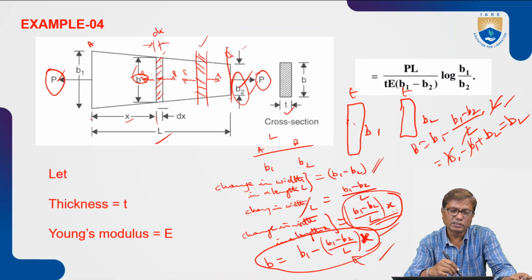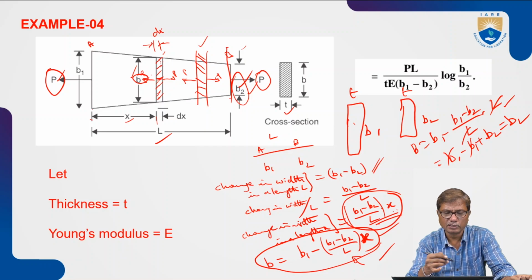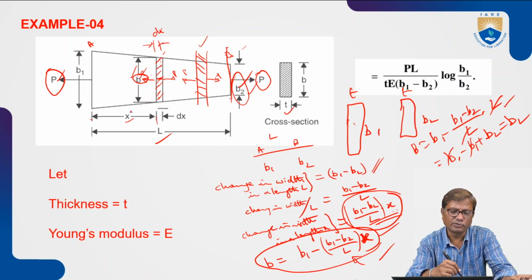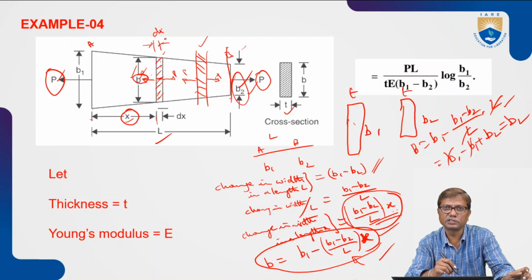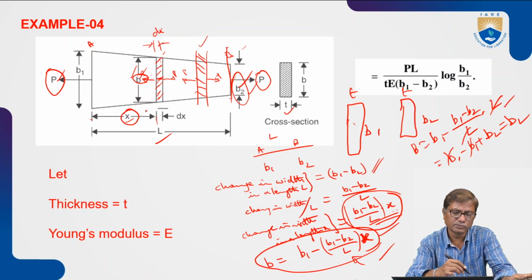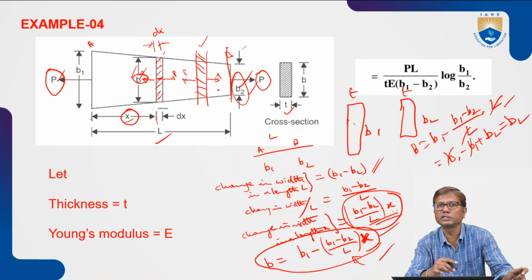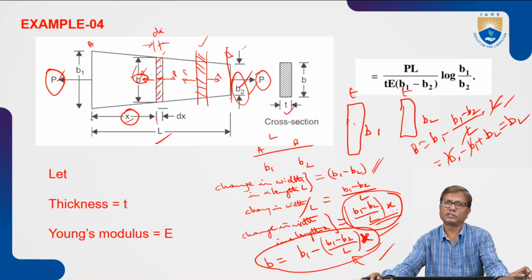The width being uniformly varying, we can find the total elongation by integration. b being a function of the distance x, we can find the total elongation by integration.